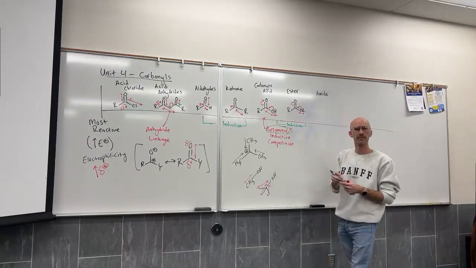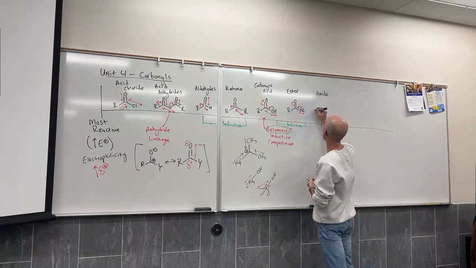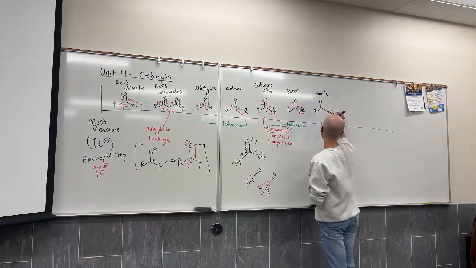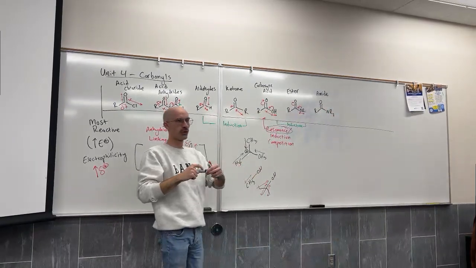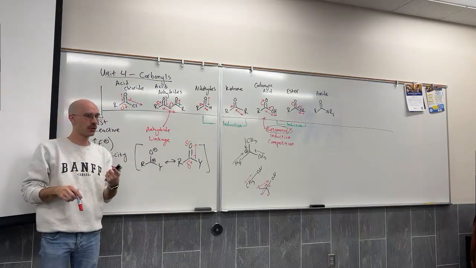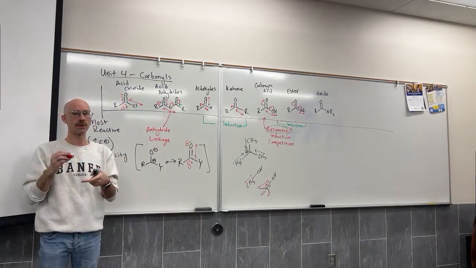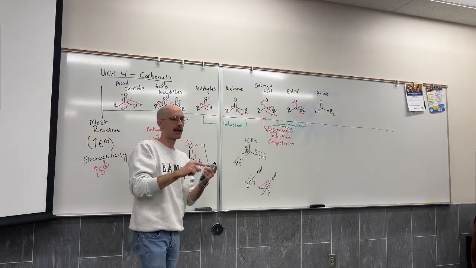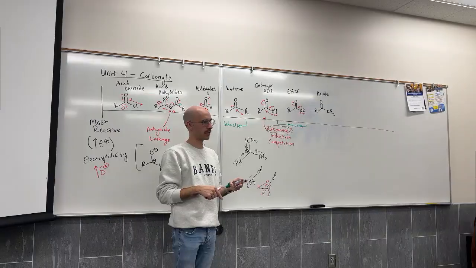Sorry? Then it's amine, what is it? No. After that is nitrile. Now with amide, I'm going to leave this as NR2. But I want you guys to recognize it could be NH2, it could be NHR, it could be NR2. That is primary amide, secondary amide, tertiary amide.